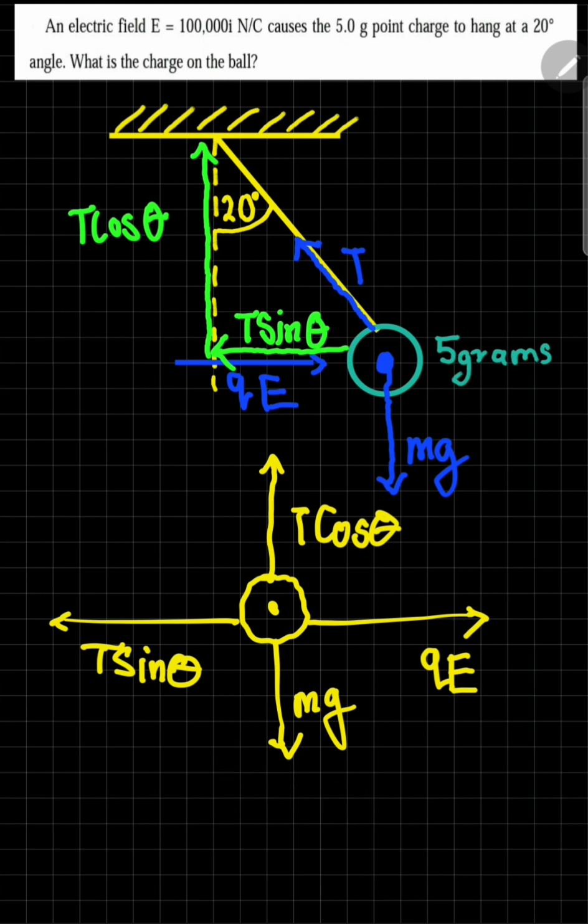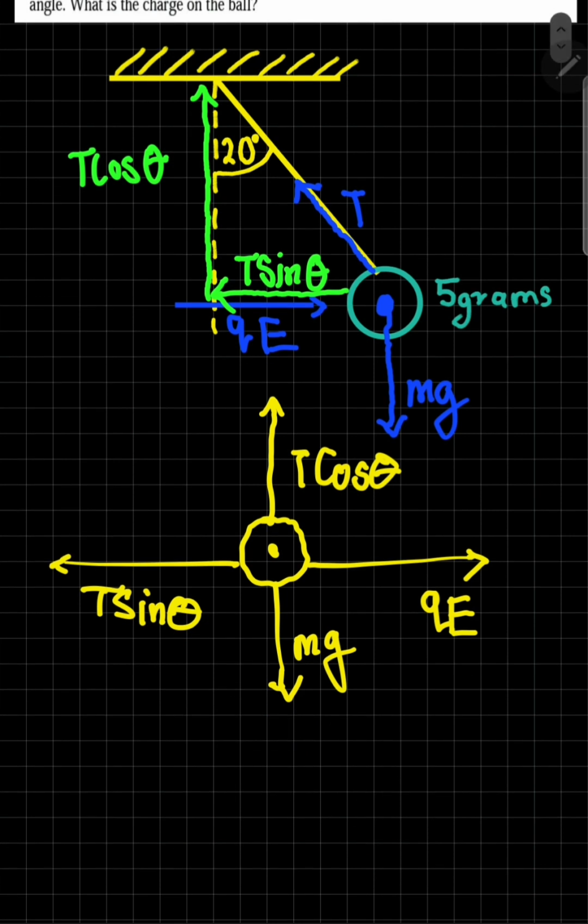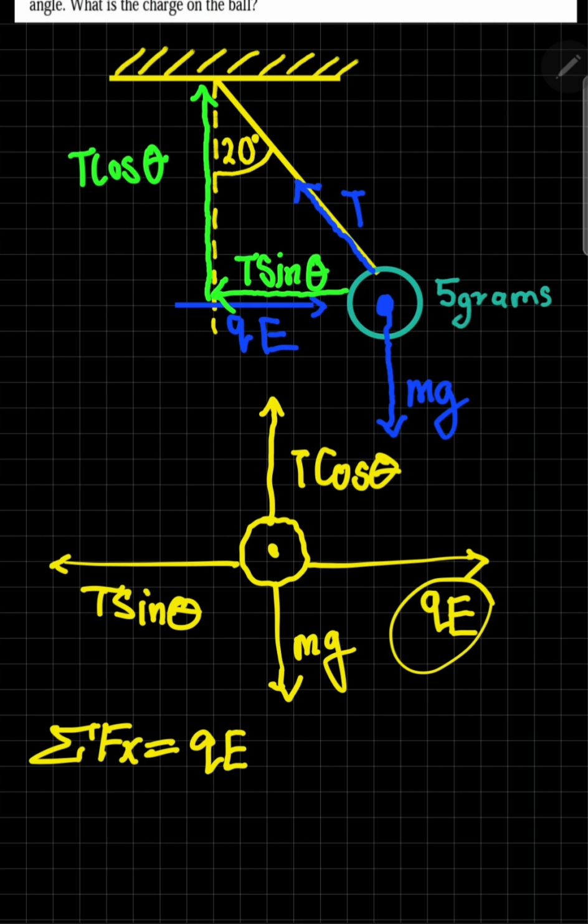All right, so let me just write equations to illustrate what I'm talking about. So we can say the summation of forces in the x will be equal to this force, which is acting in the positive x direction, minus this force, the x component of the tension, which is acting in the negative x direction.